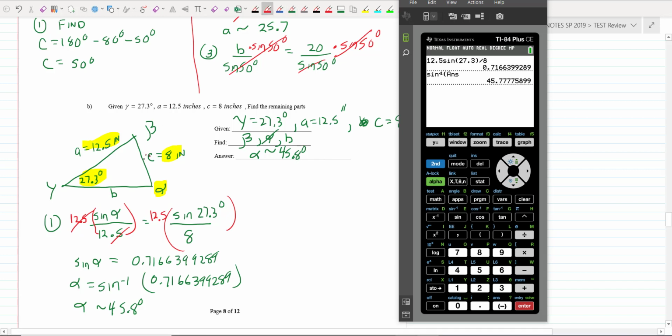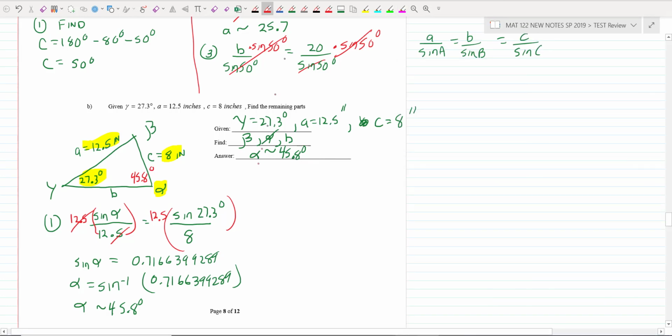Now I can write this in. Alpha is 45.8. Now we just need to move to the next stage, so it should be easy to find angle beta. Angle beta is just going to be 180 degrees minus the two angles we know, 27.3 and 45.8 degrees.